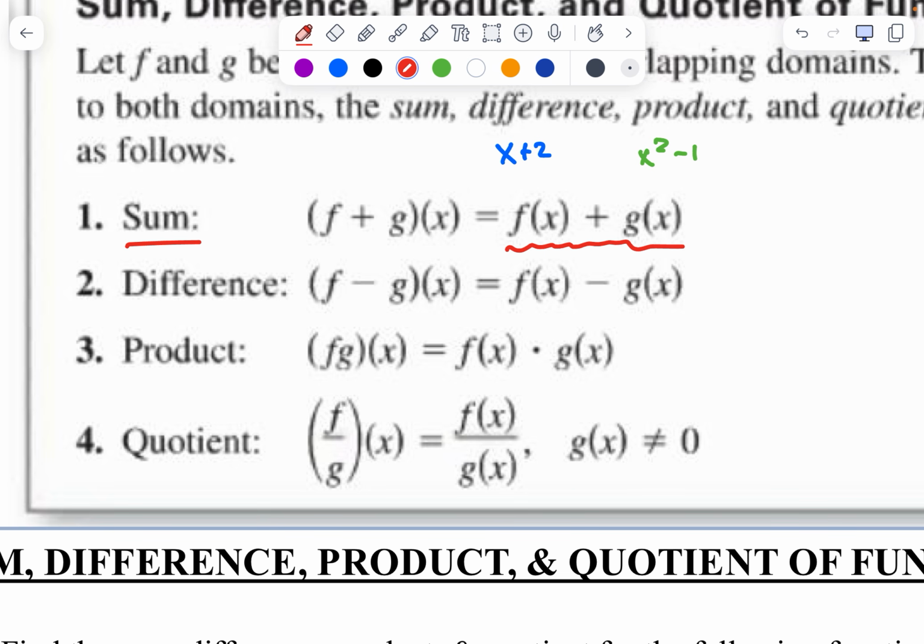So if I know that g of 3 is 7, and my task, remember, was to find f of g of 3, could we put something in place for g of 3? Well, we just established that that's 7. So are we really just finding f of 7 at the end of the day?